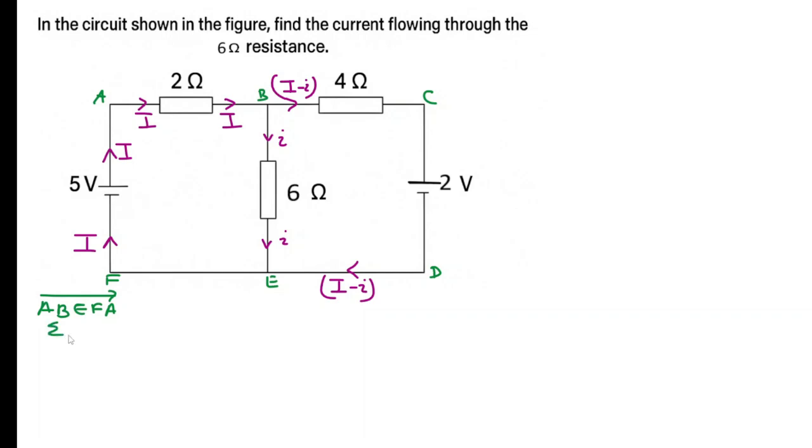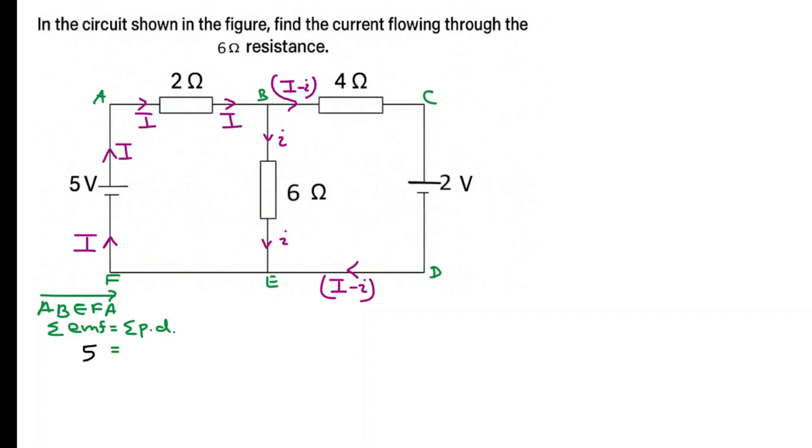So sigma EMF is equal to sigma PD, sum of EMFs is equal to sum of PD. Now let's find the EMFs. Starting from A, looking for EMFs, no EMFs, no EMFs. There's only one, and that's pushing the way I'm going. So that's basically 5 volts. So let's put 5 on this side.